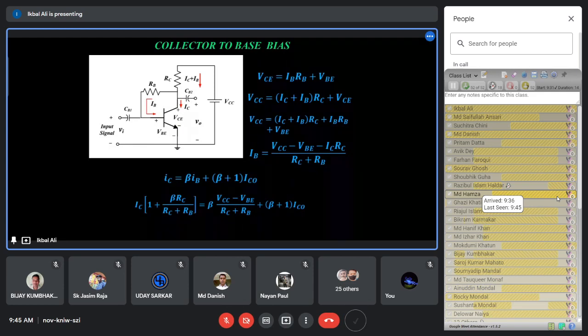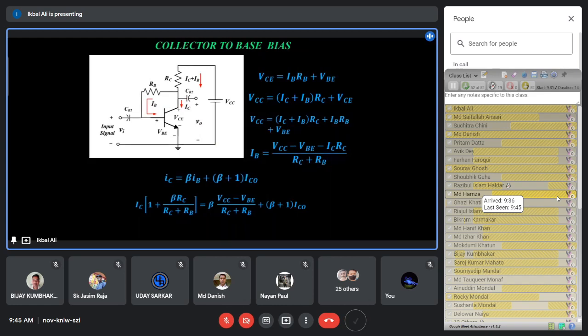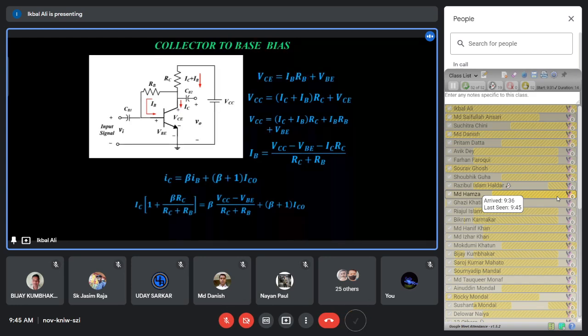We will see that the stability of this circuit is now better than the fixed bias circuit. With respect to stability, we have to measure the biasing circuit first, because if the circuit is not stable, then your circuit will not work. Amplification will not be performed, because before the amplification, the transistor will burn due to thermal runaway.